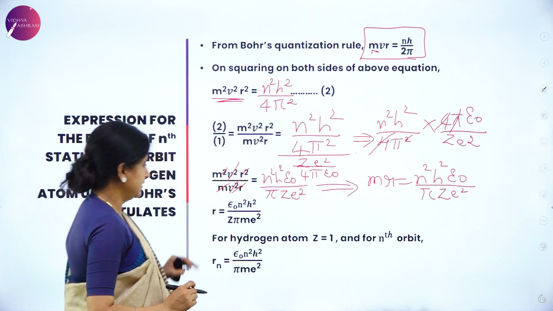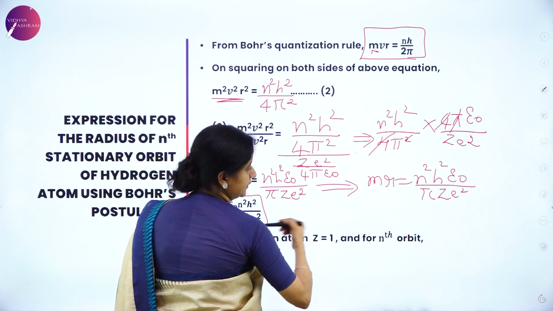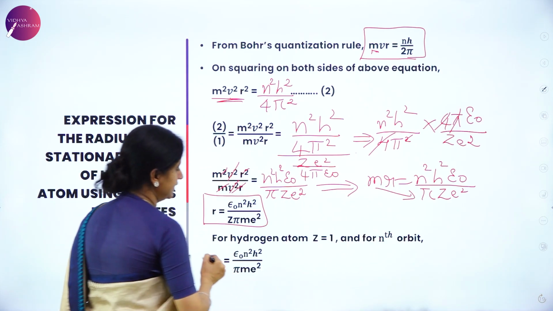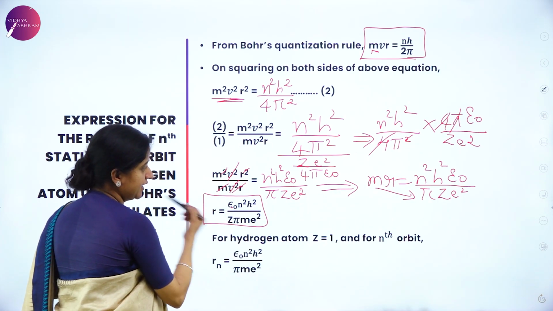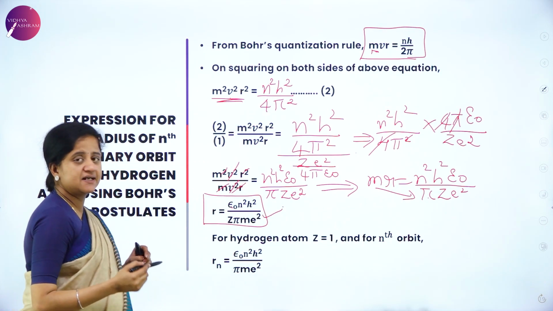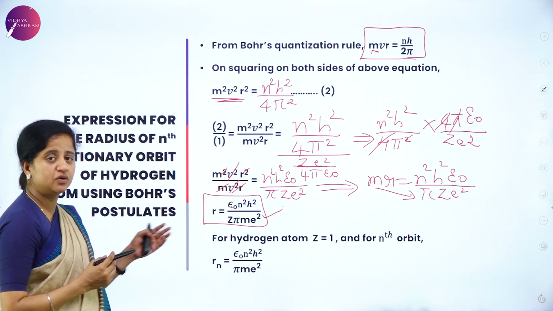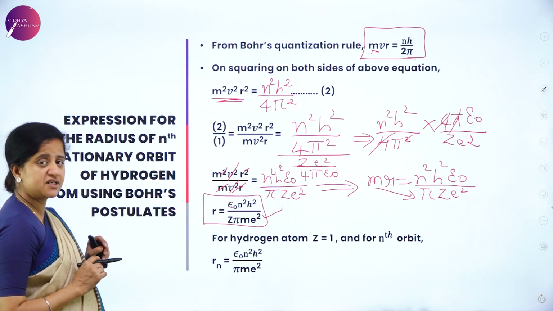Now from this we can write r, that is the radius, equal to epsilon naught n square h square divided by pi mZe square, or we can write it as Z pi me square.